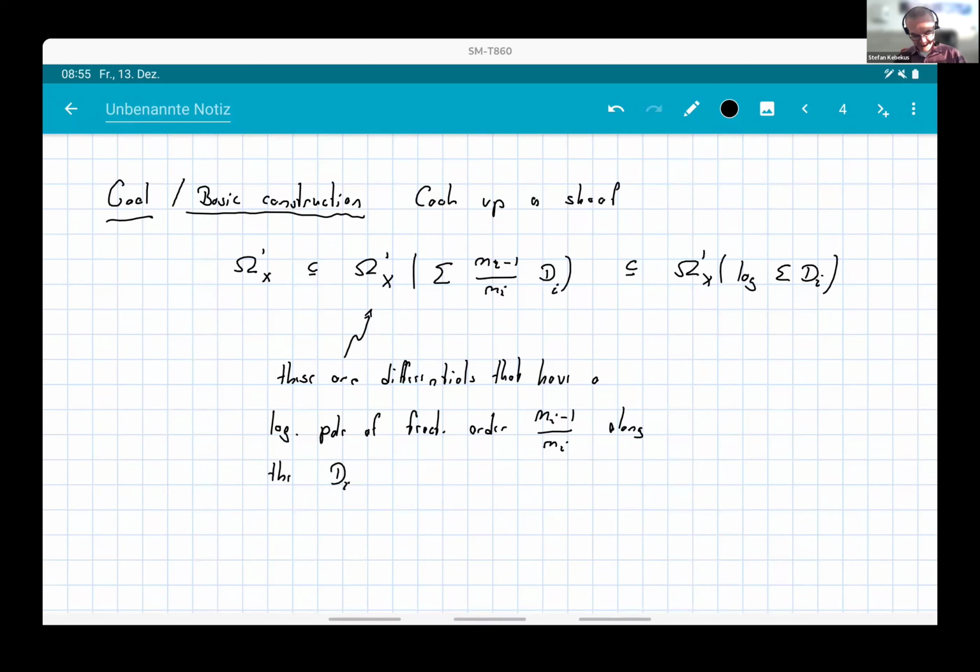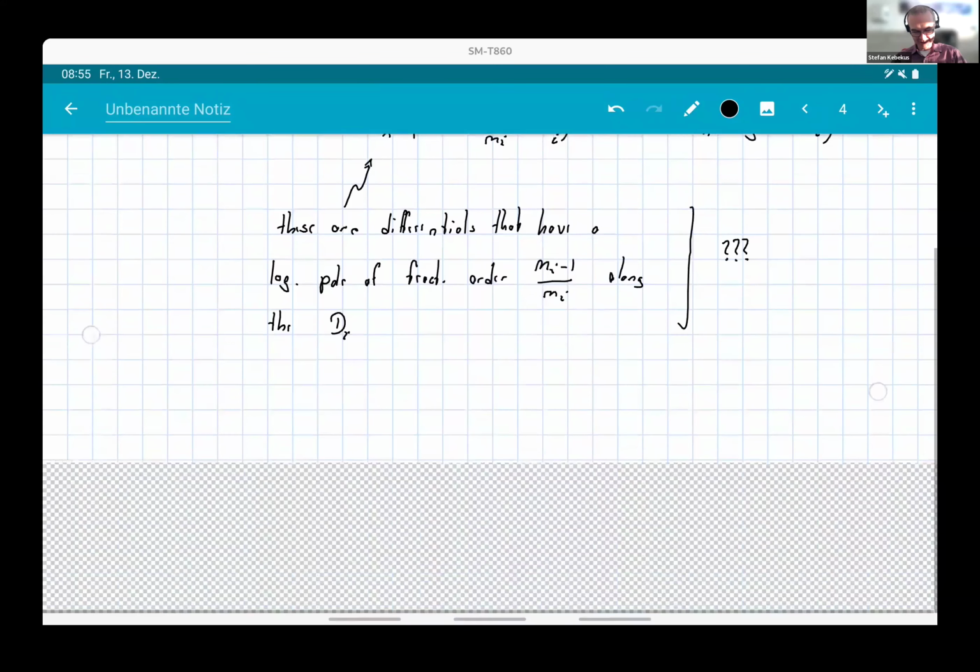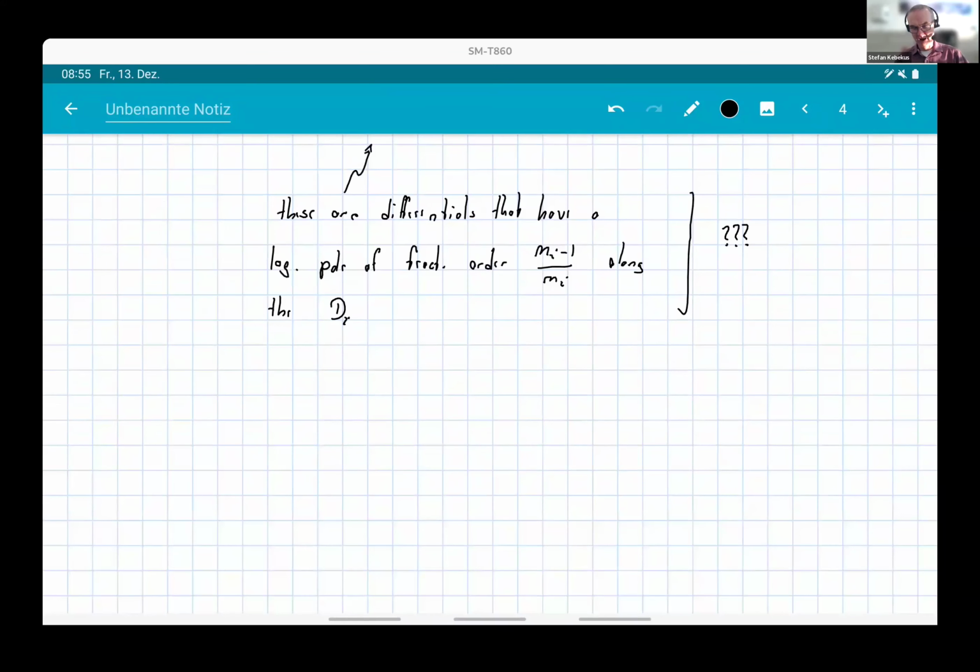Right. And you might rightfully ask, what is this? So let me draw a silly little picture. Let's say we have A2 here.